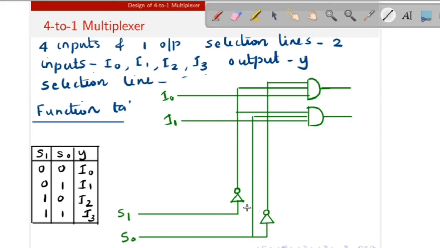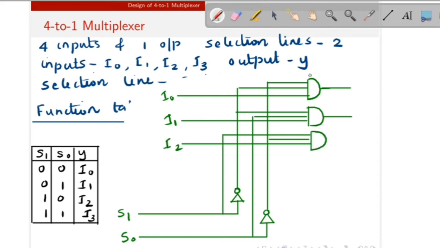Next, S1 is equal to 1 and S0 is equal to 0, then I2, and together this is I2, generate the output.